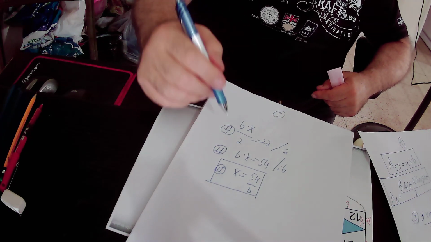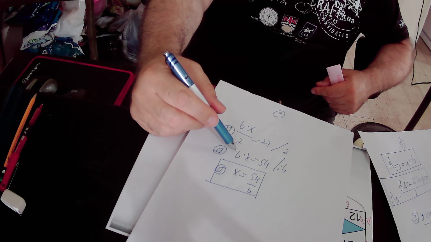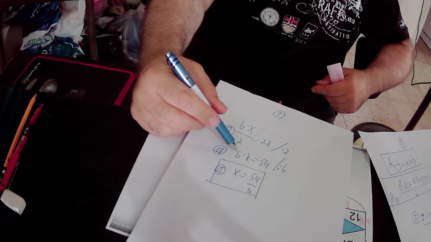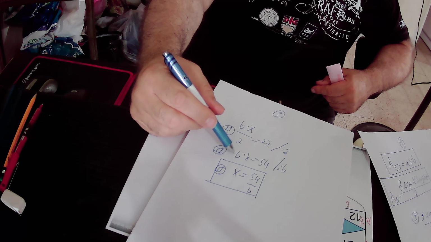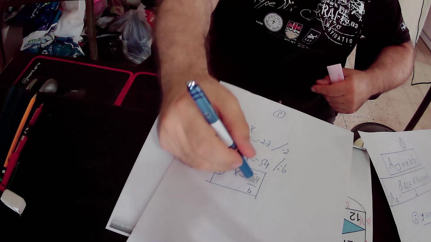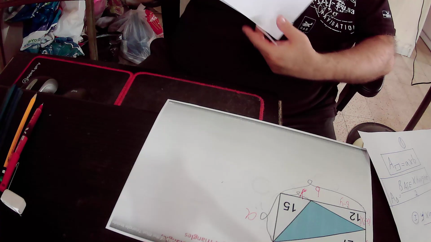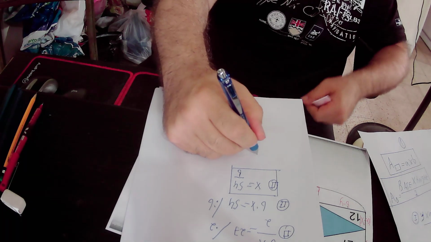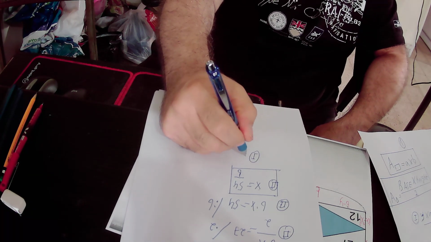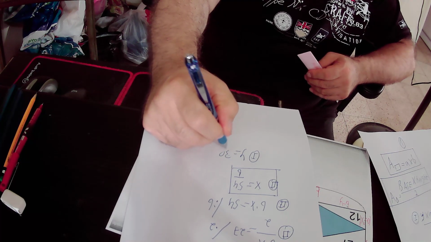So I repeat again. We divided both sides of this equation by b, and we got that x equals 54 over b. And we already know from the first equation that y equals 30 over a.